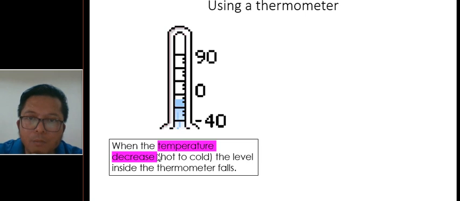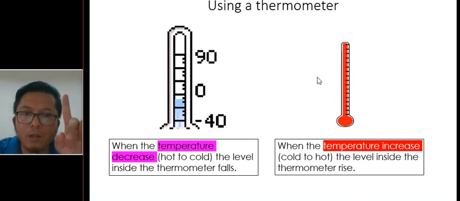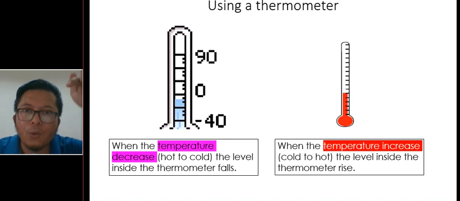When it becomes cold, we say the temperature decreases. When the temperature increases from cold to hot, the level inside the thermometer rises up. When it rises up, temperature increases. When it falls down, temperature decreases. Now remember that.